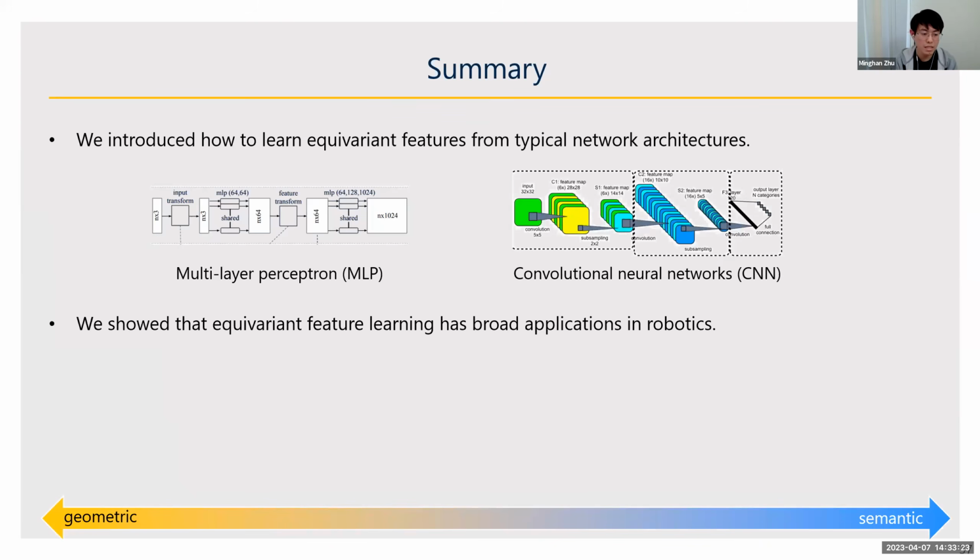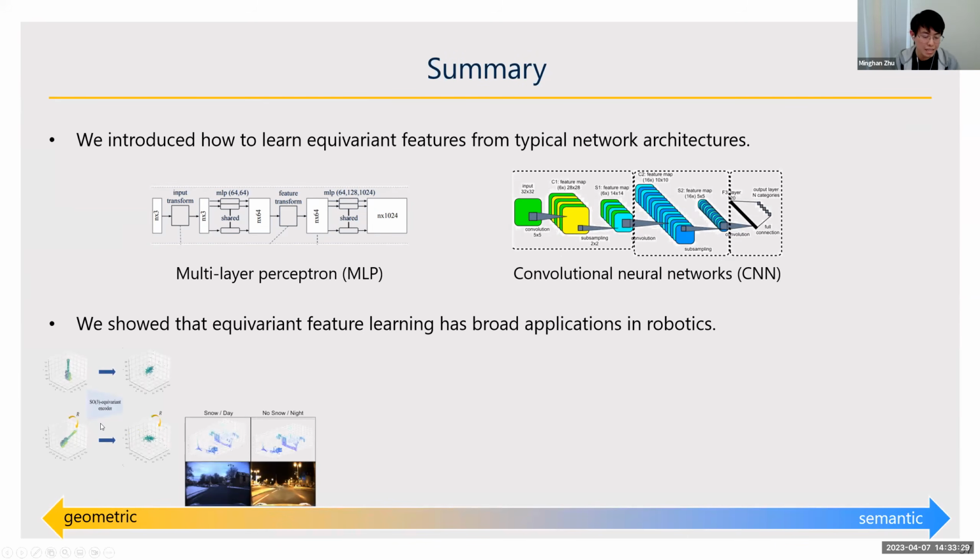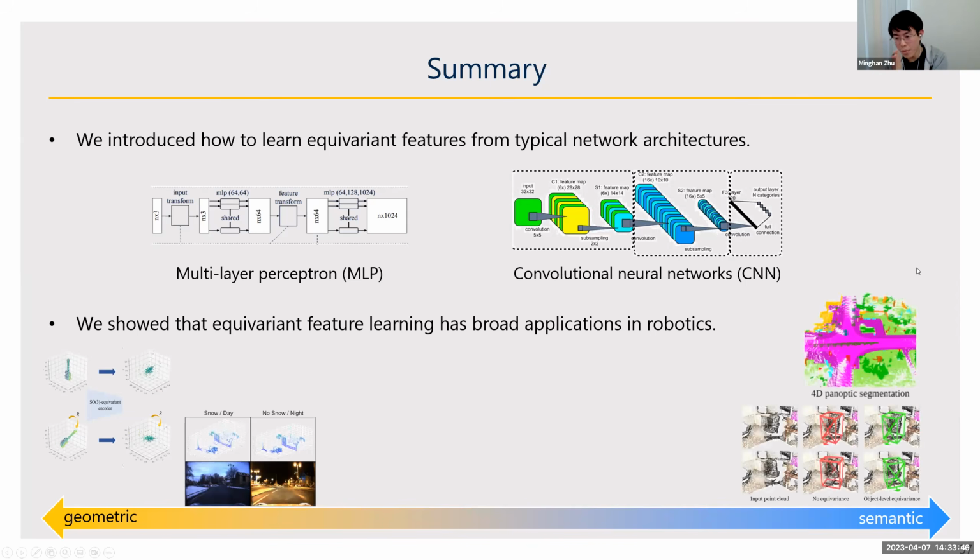Here I draw an axis. The left is geometric applications, the right is semantic applications. And we can see that, for example, registration and place recognition are on the geometric side. They enable us to learn robust geometric descriptors from the environment. And on the right-hand side, it's the semantic point of view.